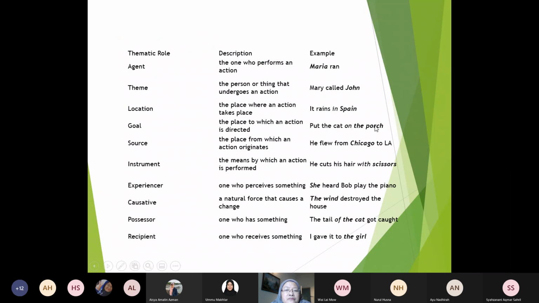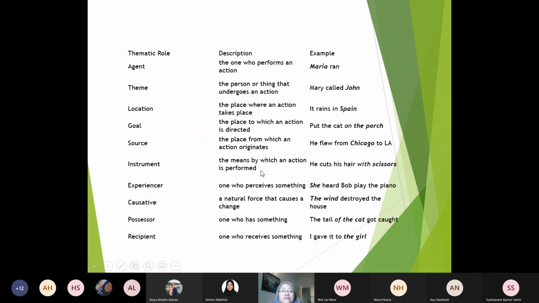So put the cat on the porch. So imagining put the cat on the porch. So you are actually carrying the cat and you're putting the cat on the porch. So on the porch is goal. Then you have source. He flew from Chicago to LA. So that is the source is Chicago, and then you have LA as the goal.